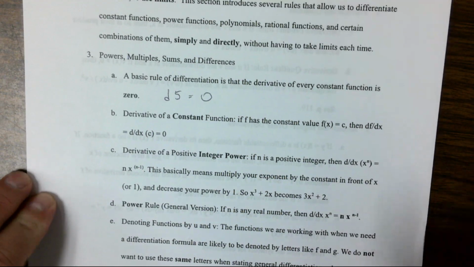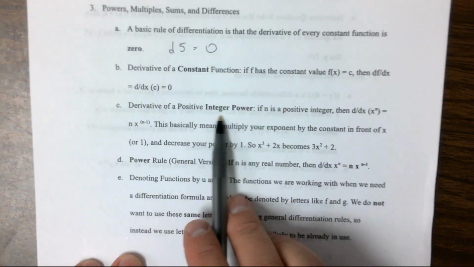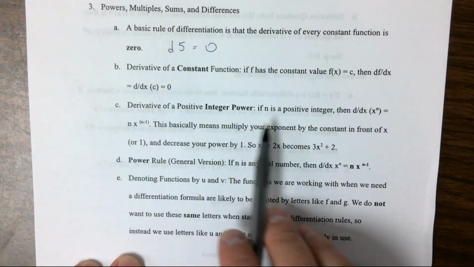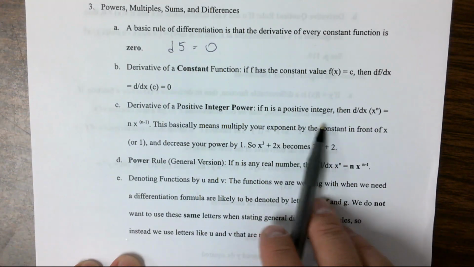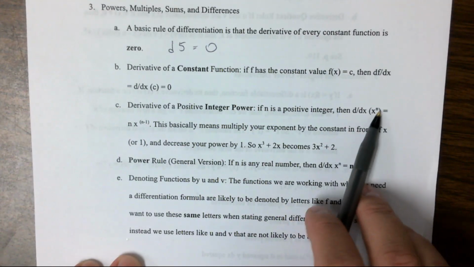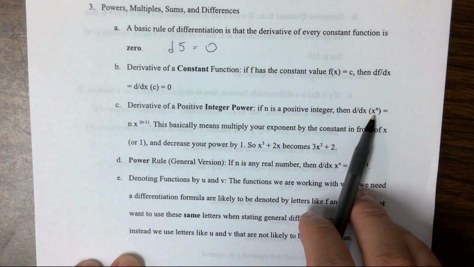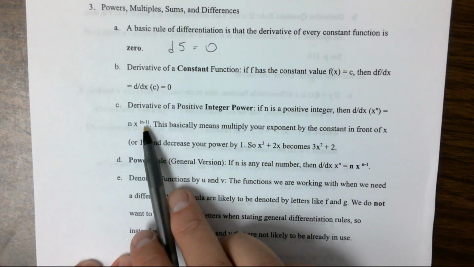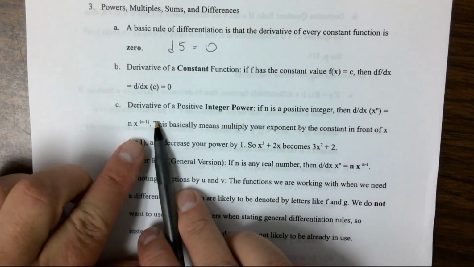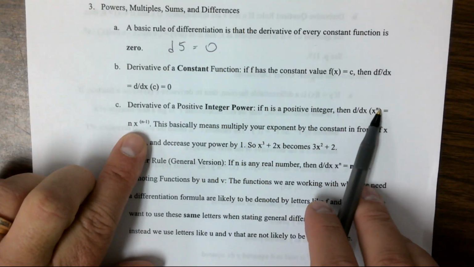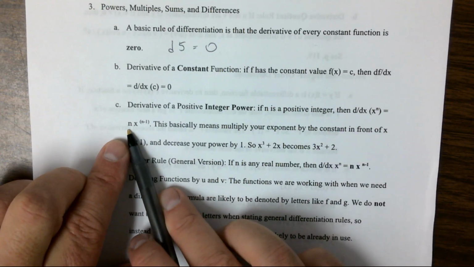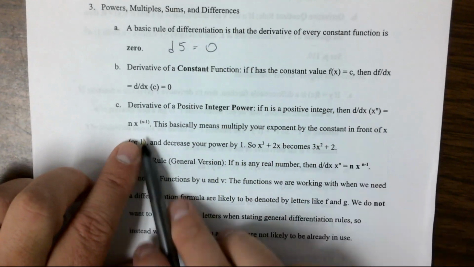Now you also have what they call the derivative of a positive integer power. So if n is a positive integer and you're taking the derivative of x to the n, then that would be nx to the n minus 1.